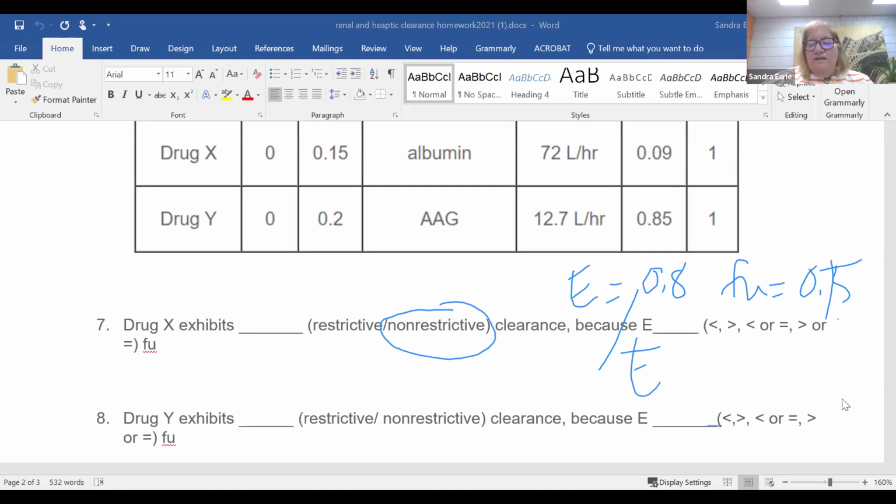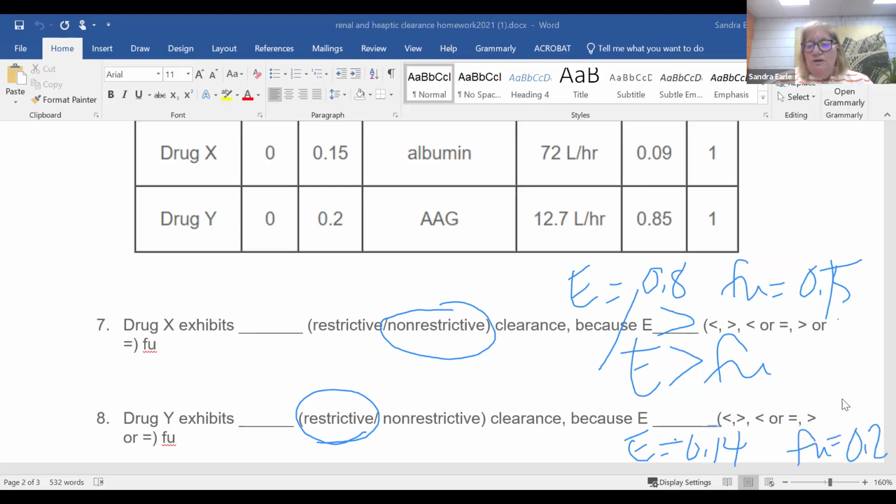So therefore E is much greater than, so E is greater than fraction unbound. Non-restrictive. Drug Y, on the other hand, is restrictive because here the E is 0.14 and the fraction unbound is 0.2. Therefore, E is less than or equal to, and in this case, less than the fraction unbound.